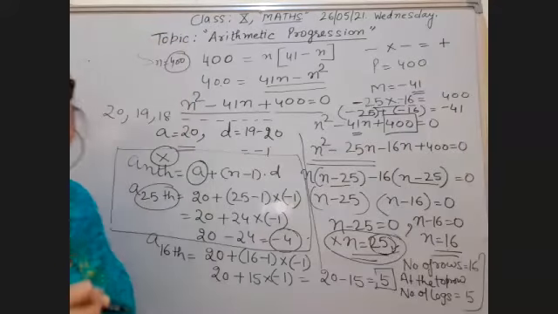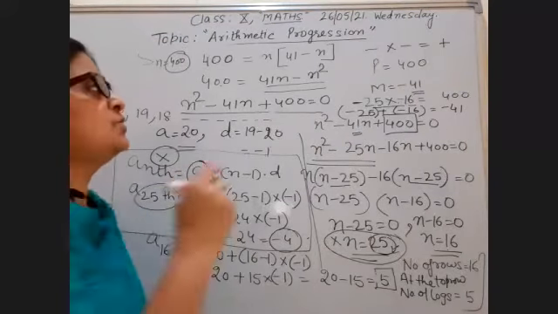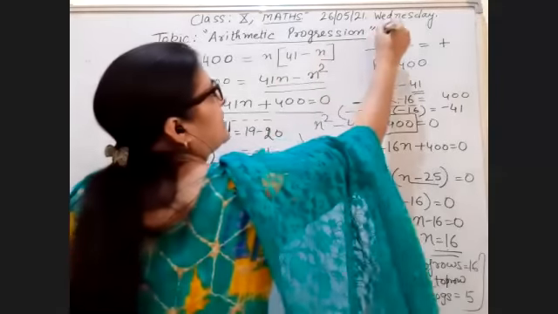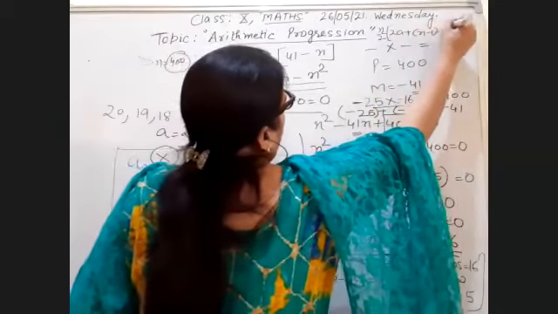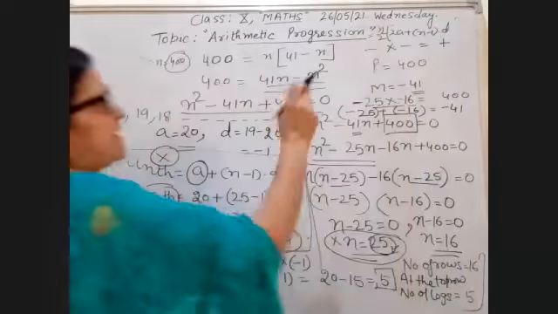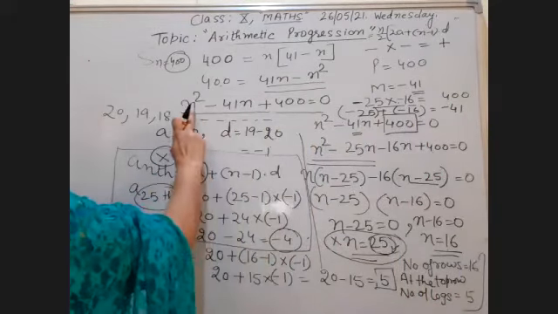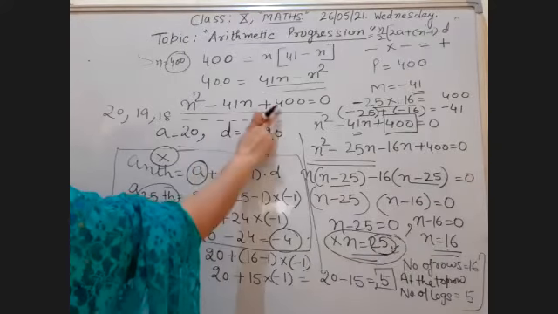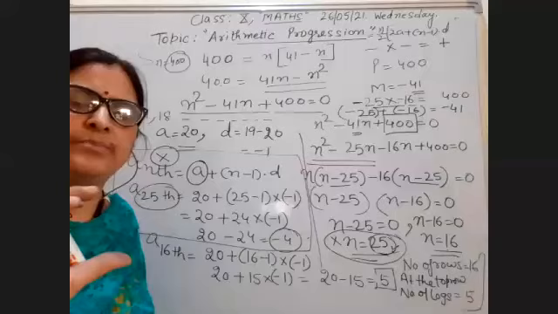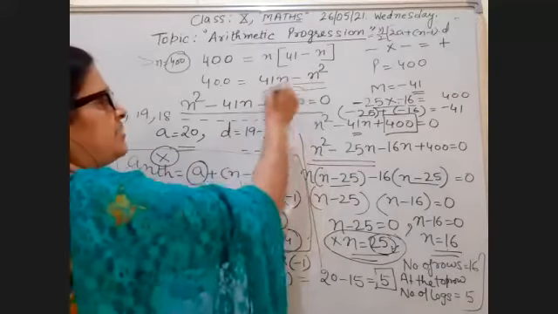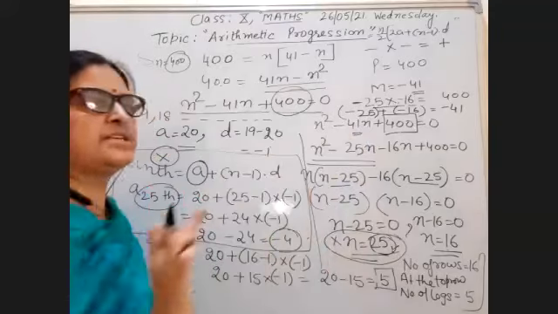You have to write down the formula of Sn, n by 2 into 2a plus n minus 1 into d. You have to put this formula in and find the equation. Your quadratic equation so formed is n square minus 41n plus 400. Now you have to consider two numbers because you need the product 400 and the middle term -41.